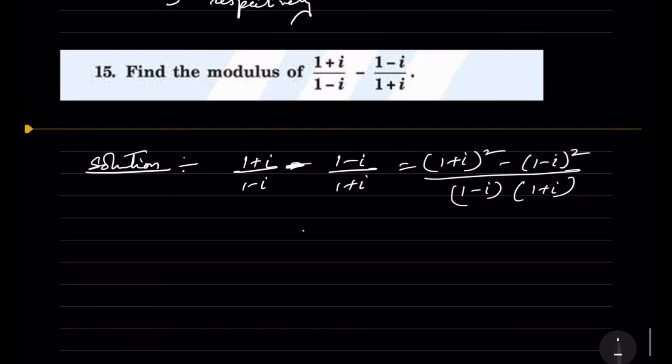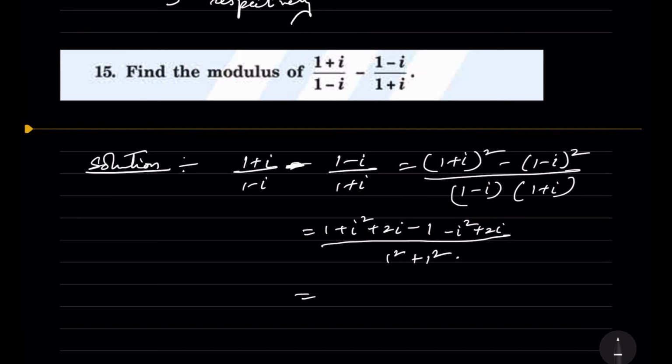Which is equal to 1 plus I square plus 2I minus 1 minus I square plus 2I divided by 1 square minus I square, which is nothing but 1 square plus 1. Here I square is equal to minus 1, so here you can write this as plus 1.